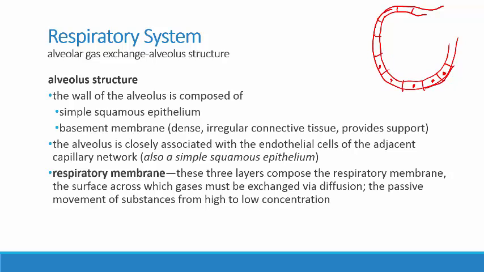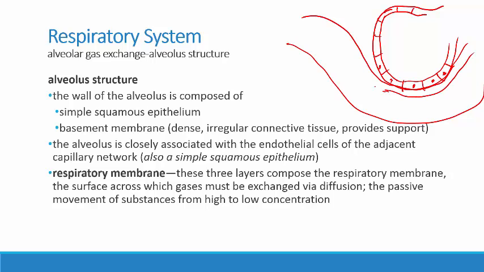And flowing past is the blood, and the blood vessels are also built of simple squamous epithelium. It's the endothelium layer of the blood vessels. Okay, so hopefully you get the point.